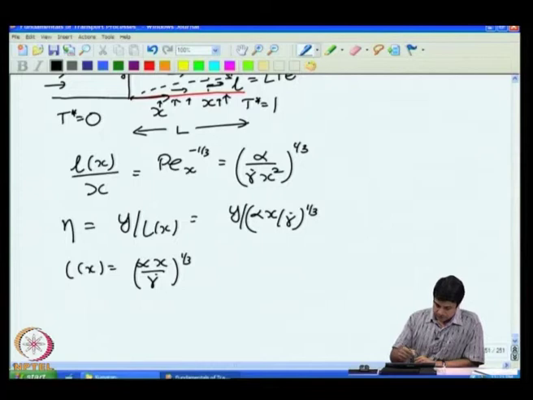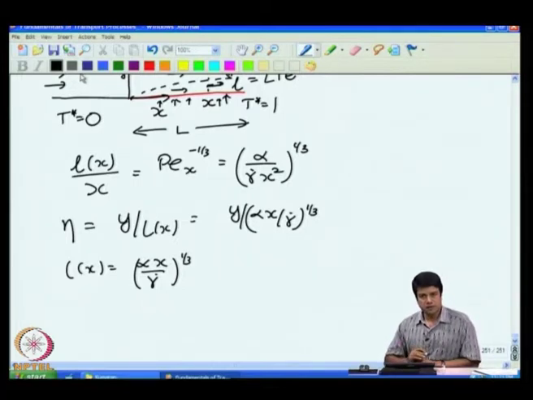This was obtained just from the consideration that at a given location x, the temperature should depend only upon the distance from the start of the heating section, not the total length of the plate itself. So, I cannot scale my y coordinate, the boundary layer thickness, by capital L, because at a given location x, it should not depend upon the total length L.